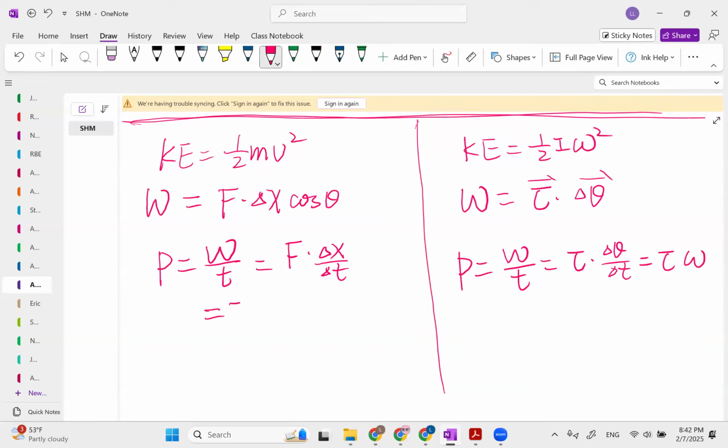And then over here, this will be force times velocity. Right? That's power, not momentum, okay? This is power. This is only when v is a constant. Write it down. This is only when you have constant angular speed.